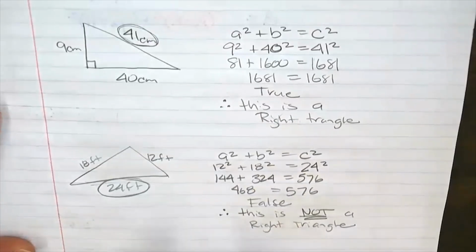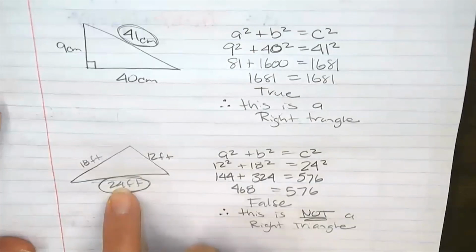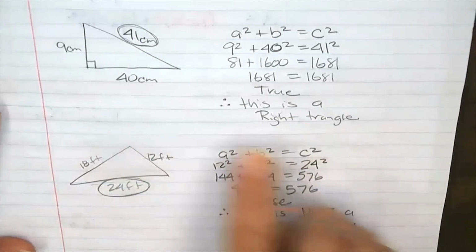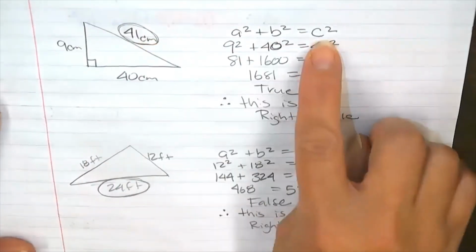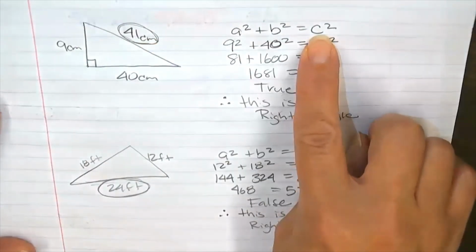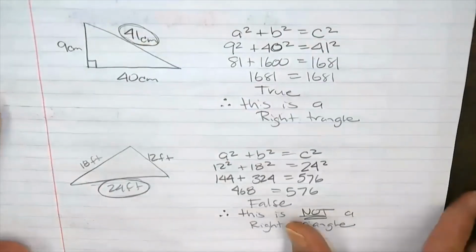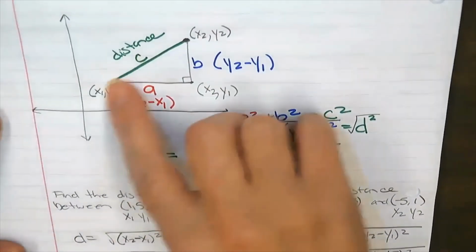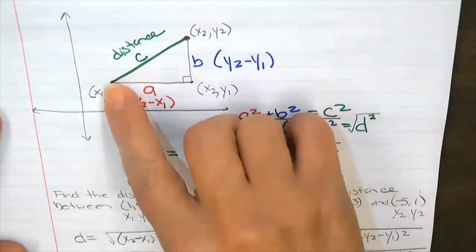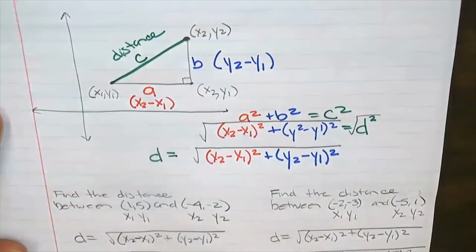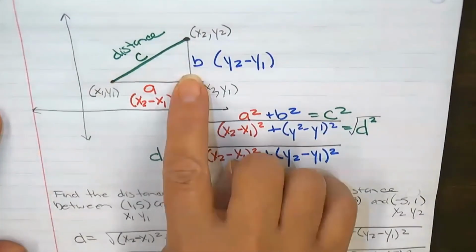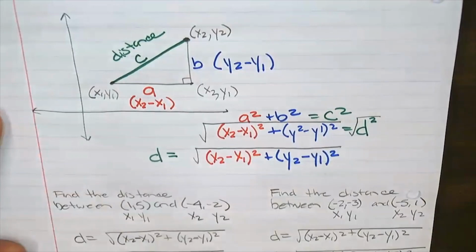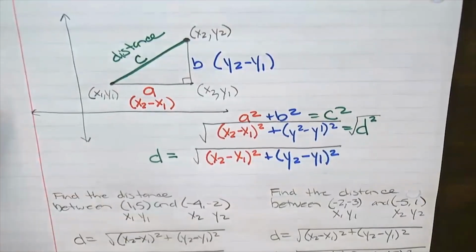And when you do this, remember the longest side is always your hypotenuse or your C. And then we are also using the Pythagorean theorem to determine the distance between 2 points by creating a right triangle. Okay? So that is what we are doing today.